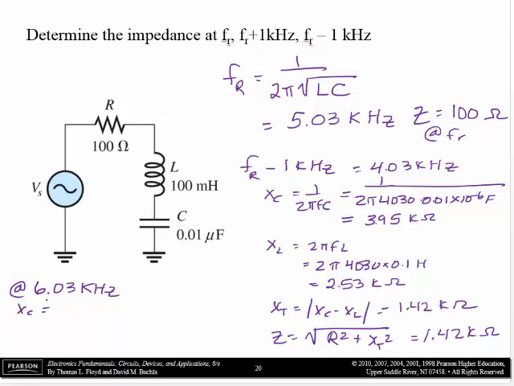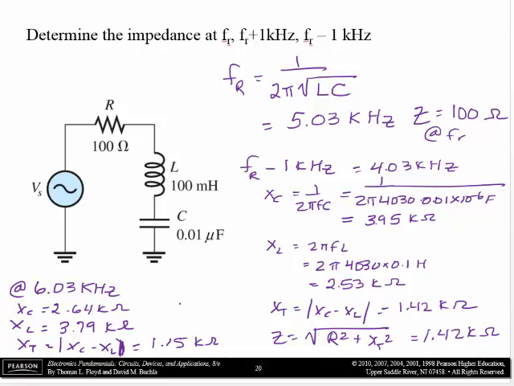XC would be 2.64 k ohms. XL will be 3.79 k ohms. Yes, indeed, it's now an inductive circuit. X total, absolute value of XC minus XL, will be 1.15 k ohms.